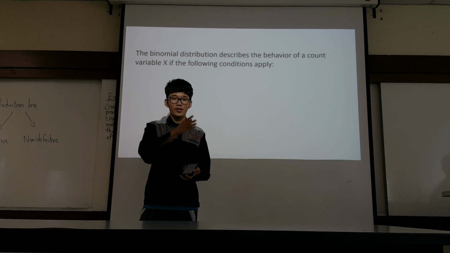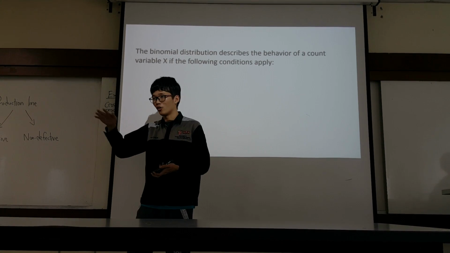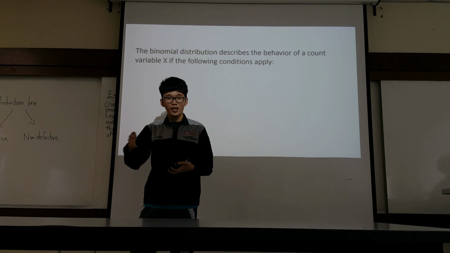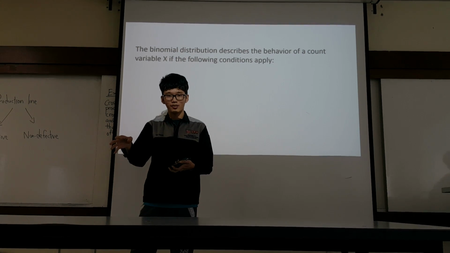The n means how many times the yes or no experiment is repeated, and the p means the probability of success.